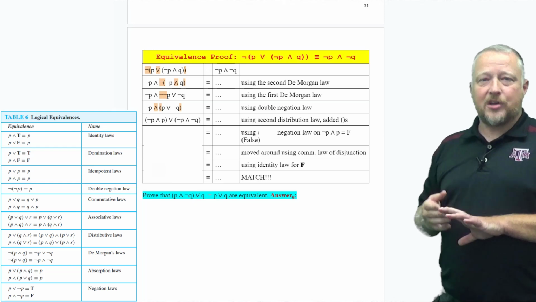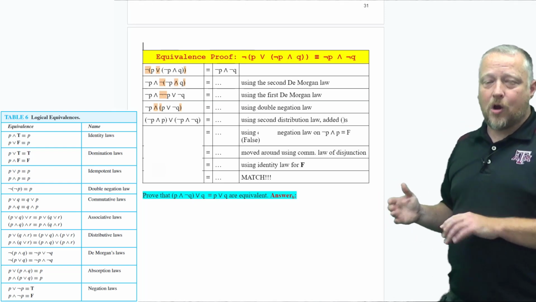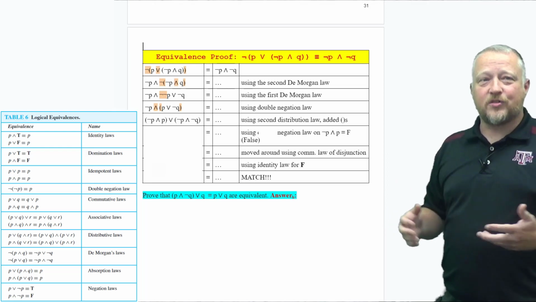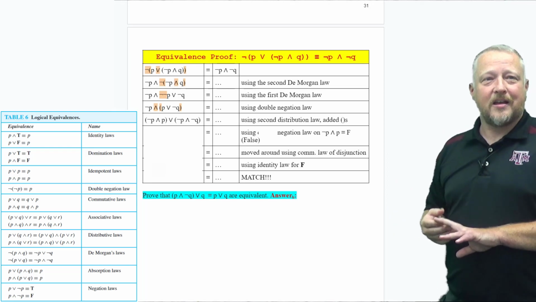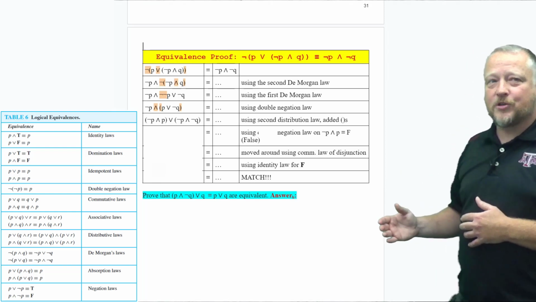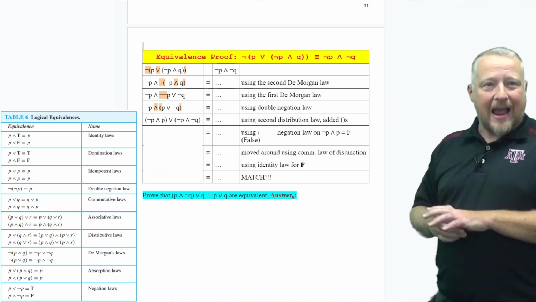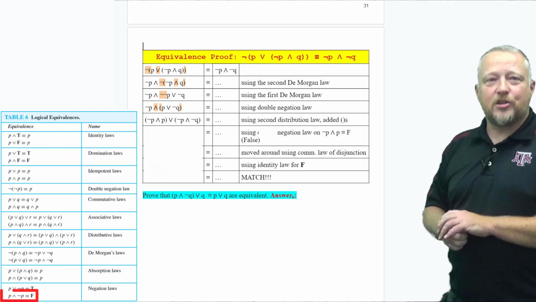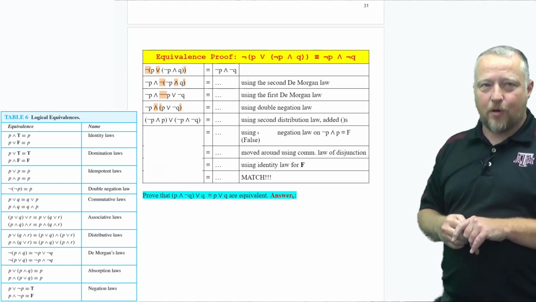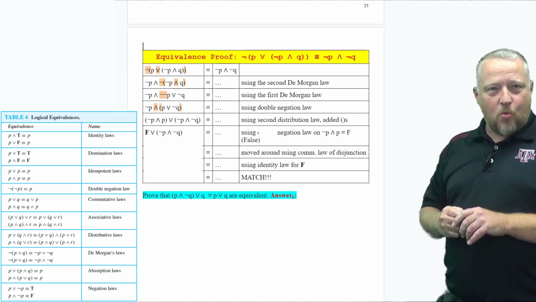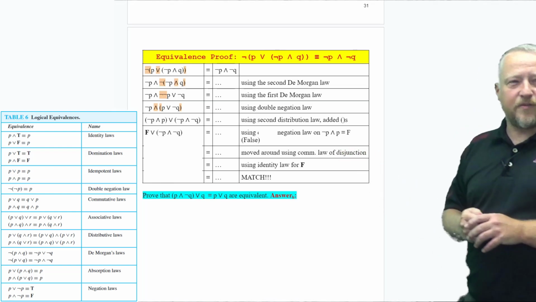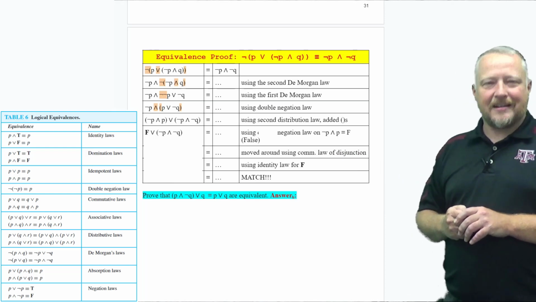Just doing that opens up a nice can of worms in a good way for us, because then we have some things that you've seen before that we can start reducing. Notice we distributed and frankly expanded things, but it gave us more options, especially with that not P and P. We can use the double negation law to get rid of that and have that be a false. Then we have our or with that. So we end up with our F or our not P and not Q.